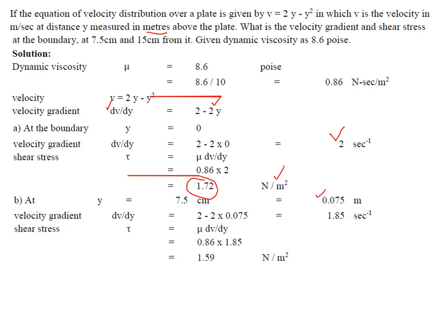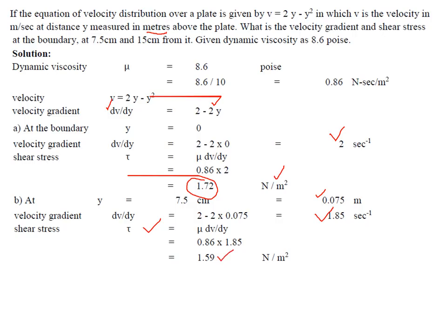Therefore dou v by dou y is 2 minus 2y, that is 2 minus 2 into 0.075, which comes to 1.85 second to the power of minus 1. If you substitute in Newton's equation of viscosity, mu is 0.86 into 1.85, which gives 1.59 Newton per meter square.